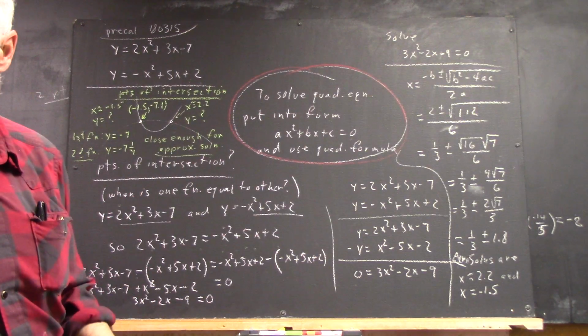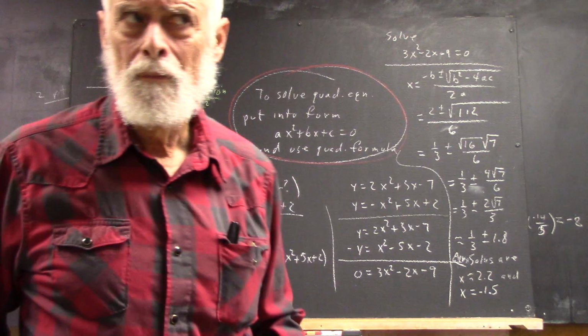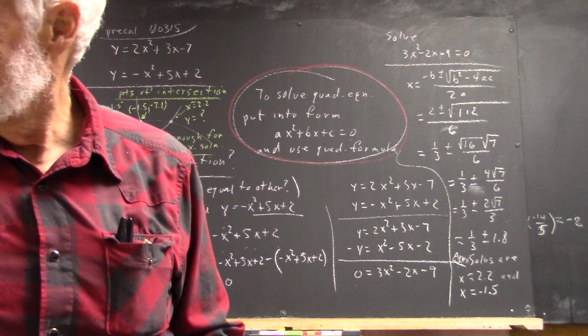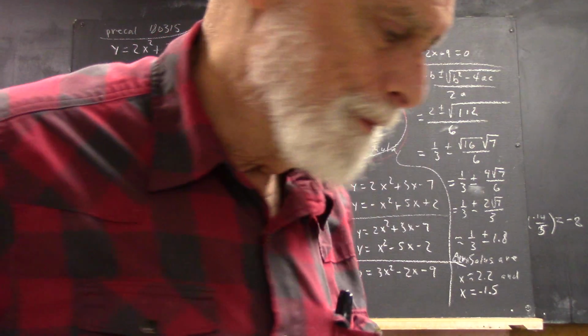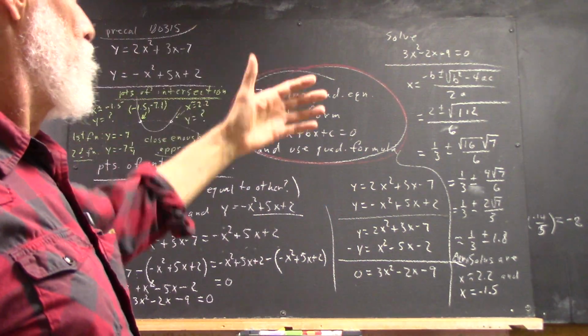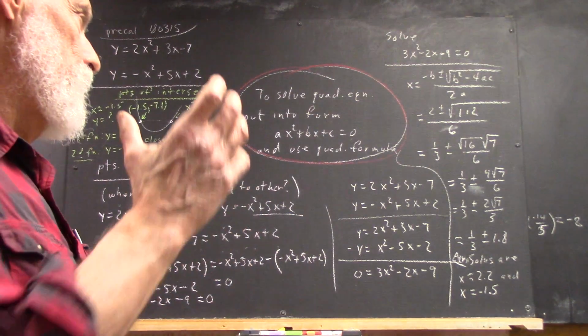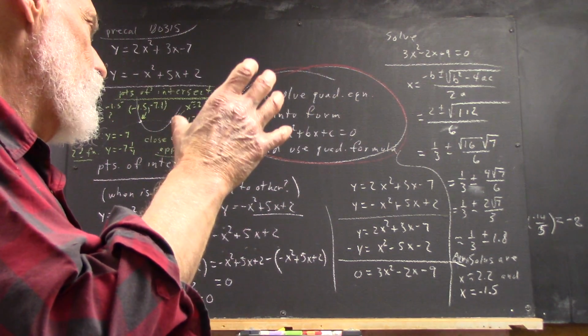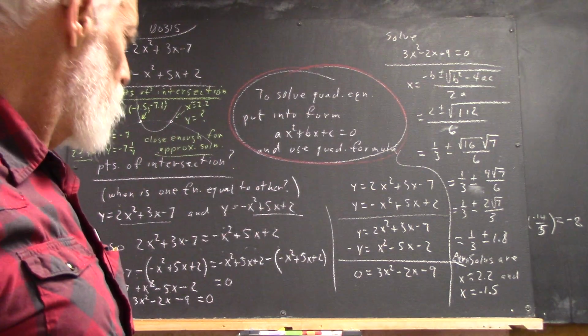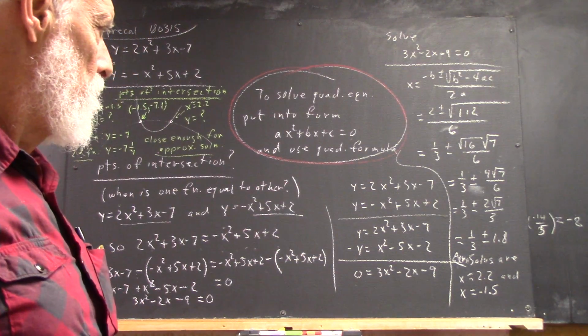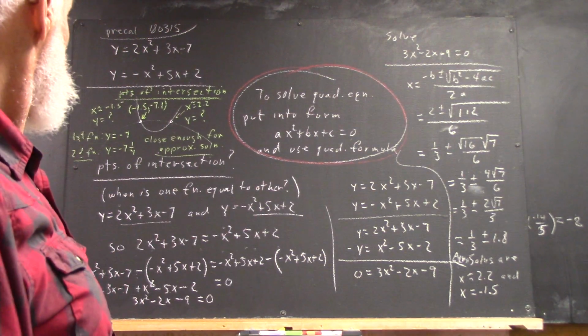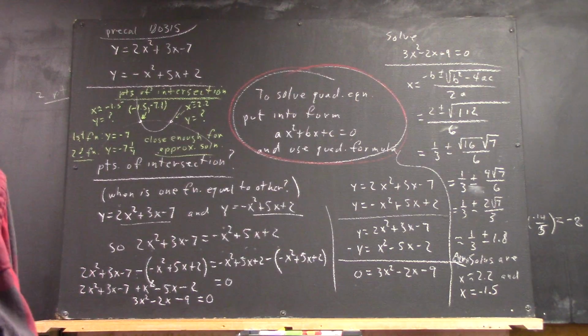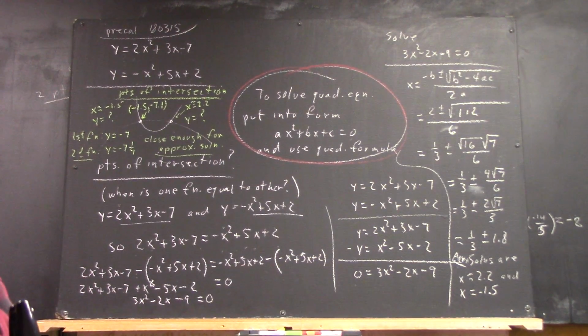Anyhow, I don't like it. That's probably because I screwed it up. Okay? My mental approximation. If you square 2.2, you get 4.84. So I was a little off. Anyhow, there it is.